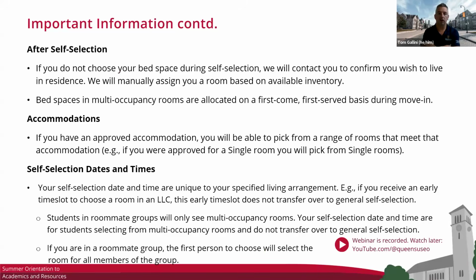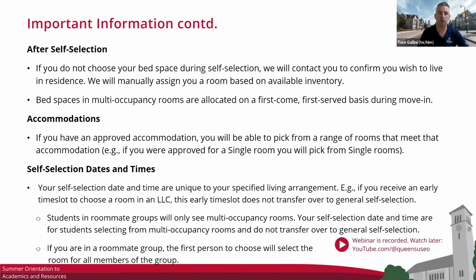Okay, so after self-selection. If you are in a living learning community or a unique community or a loft double or have an approved accommodation, then we are going to manually assign you before general self-selection starts. That's because we want to make sure that you have the bed space that aligns with your approved accommodation or because you're in that particular community.